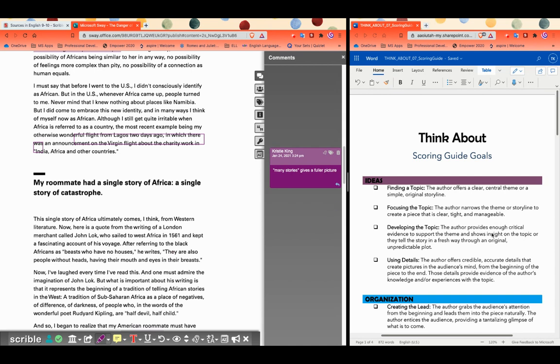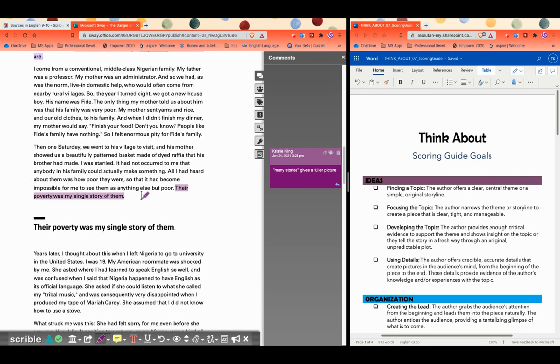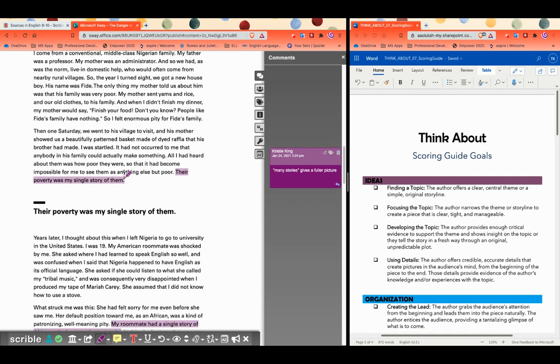The next thing is, how does she develop the topic? So then we're going to look for critical evidence to support the theme and shows insight on the topic. And if we go back to here with Fide, right, we can talk about how she provides evidence as her own experience, how she developed a stereotype of someone she knew personally.